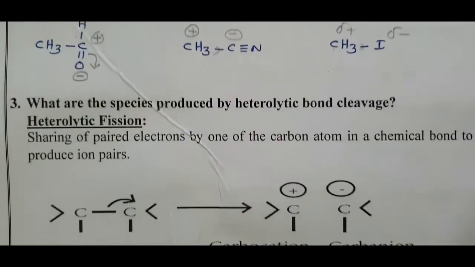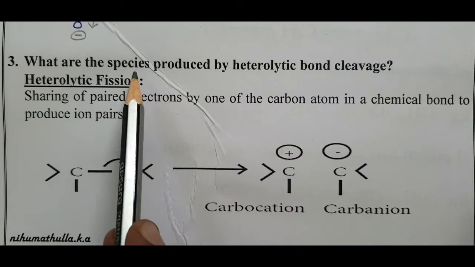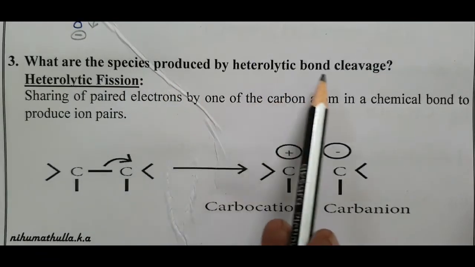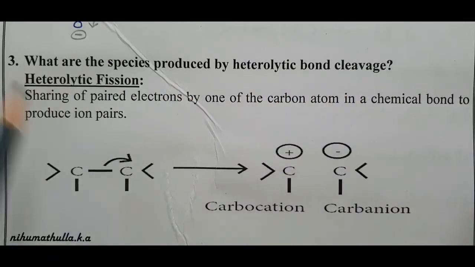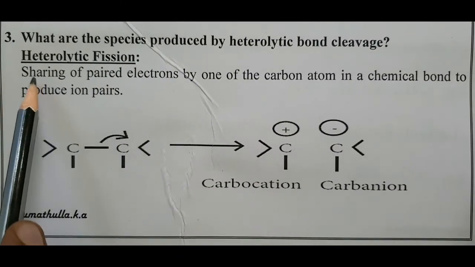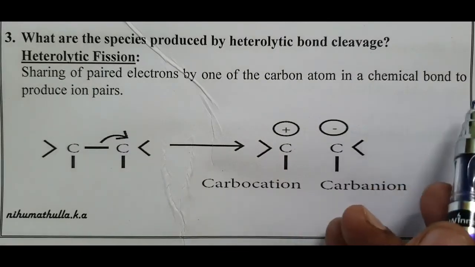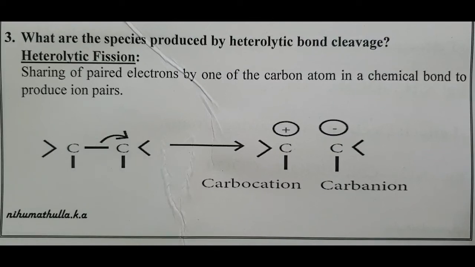Coming to question number 3. What are the species produced by the heterolytic bond cleavage? Heterolytic bond cleavage is the taking of the paired electrons by one of the carbon atoms in a chemical bond to produce ion pairs.